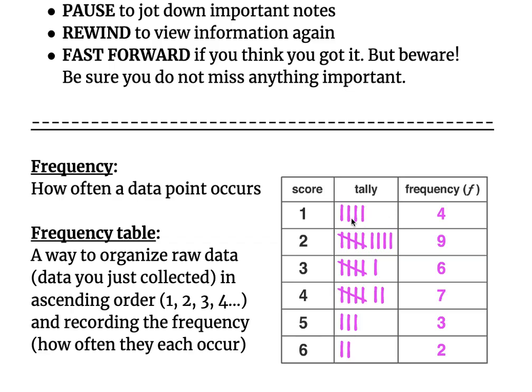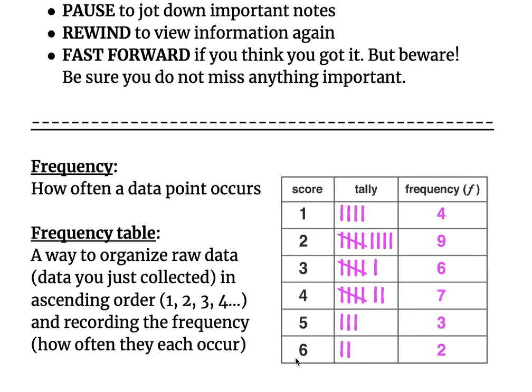So according to this table, I have 4 tally marks for 1, so that means the frequency for 1 as an answer is 4. 4 people said they've gone to the bathroom once today so far. 9 people said that they've gone to the bathroom twice today, and so on.